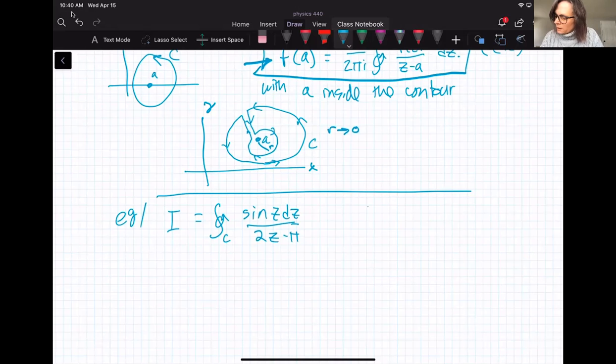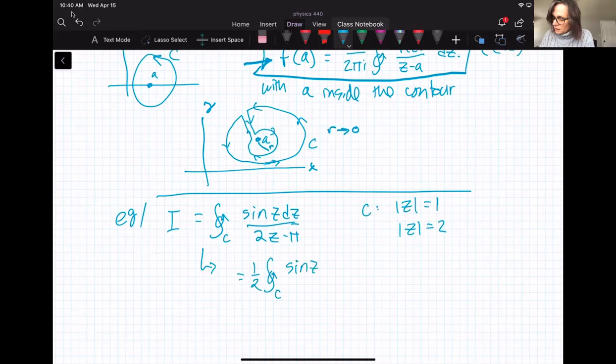So if we make our contour such that |z| is equal to 1, or we make the contour so that |z| is equal to 2, you'll have 2 different values for the integral. In other words, if we look at what this integral is equal to, we can factor out a 1/2, and then we have sine z dz over z minus pi halves, right? So that's about 1.5-ish or so.